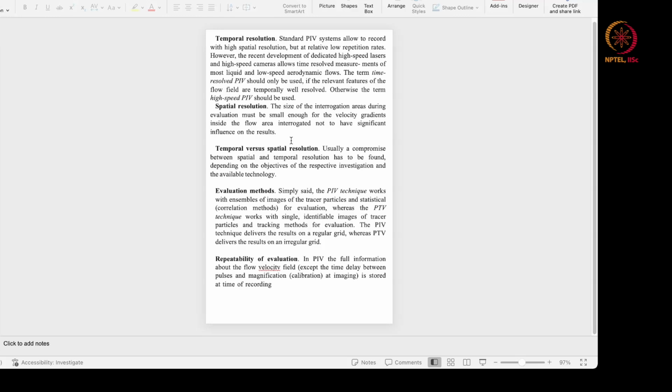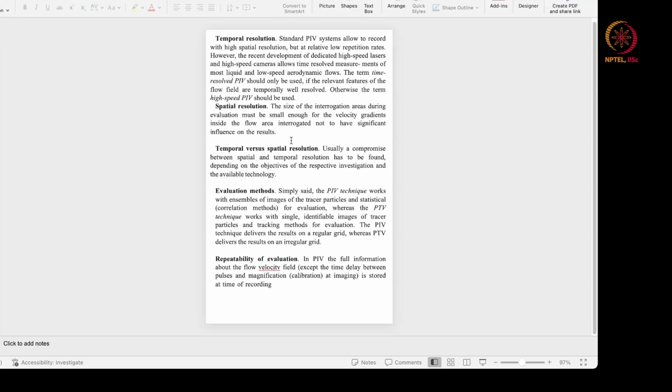But if it cannot resolve a very high-speed flow field, we can say high-speed PIV. Time resolved means you are resolving all aspects of the flow field, whereas high-speed PIV means you are probably resolving some aspects which are within the measurement temporal window, but you are not resolving everything. It's like the turbulence, right? So you can resolve some and you are not resolving the others. But fully resolved means you are resolving all scales, right?